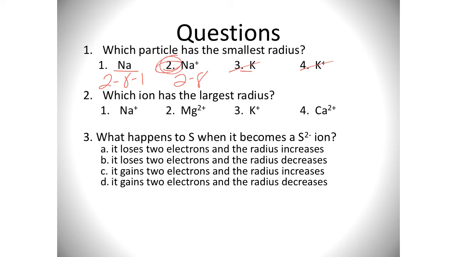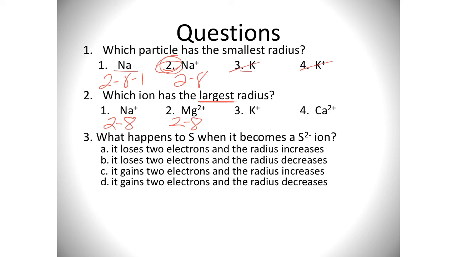You wouldn't be required to say what it actually is. All right, number 2, which ion has the largest radius? So what we want to do is think about how many electron shells they each have. Sodium would be 2-8-1, but the ion would just be 2-8 because it would have lost an electron. Magnesium atom would be 2-8-2, but the ion would just be 2-8 because it would have lost 2 electrons.